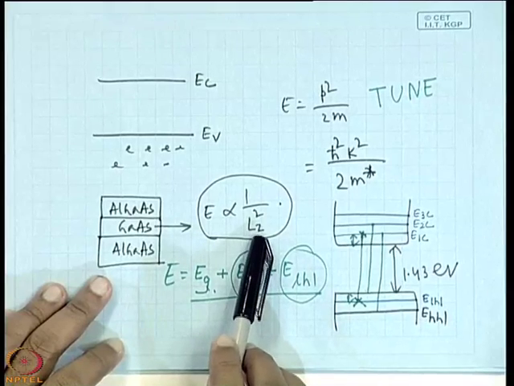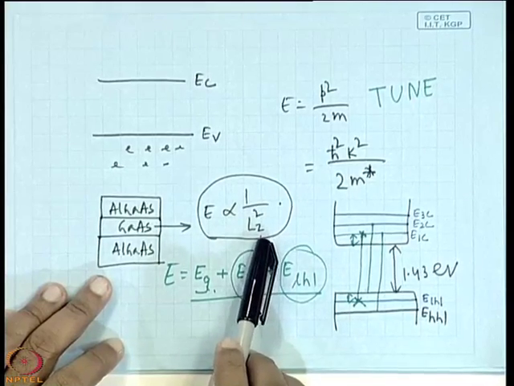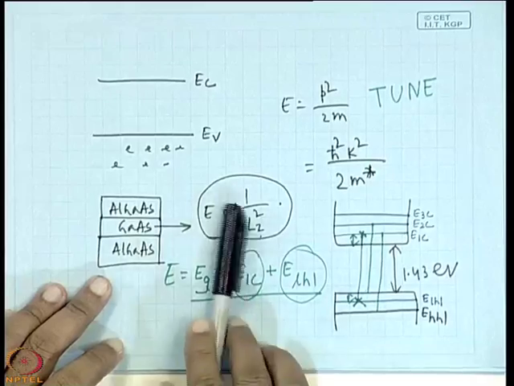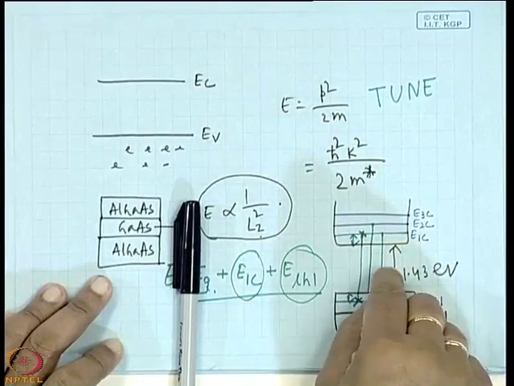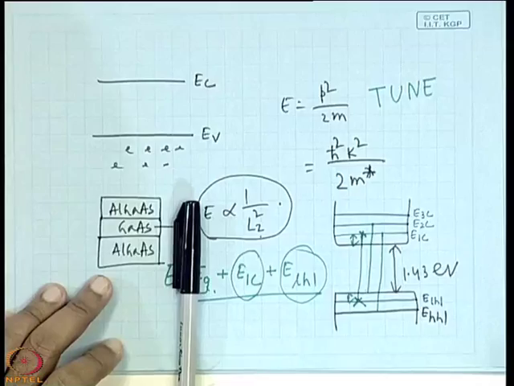Here it is inversely proportional to the square of the width, there it is inversely proportional to the square of the diameter. So, if you can grow smaller and smaller, the energy will be higher and higher. So, that is the nano dot or quantum dot. We talk about spherical nanomaterial. Spherical nanomaterial is basically quantum dot, and the splitting of the energy levels depends on the diameter of the dot.